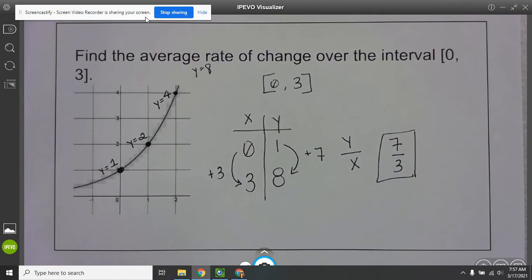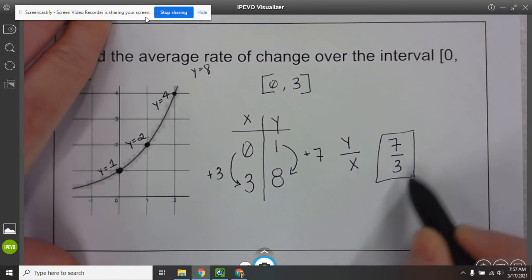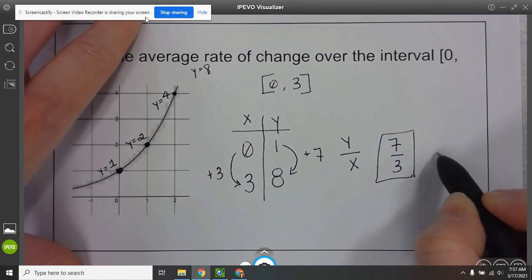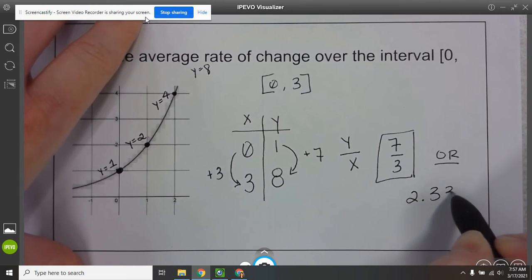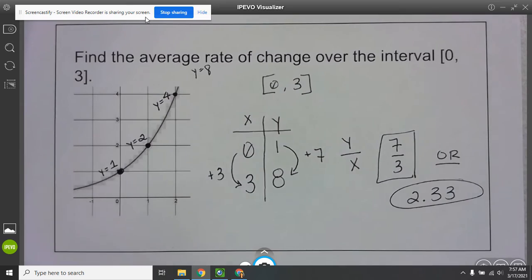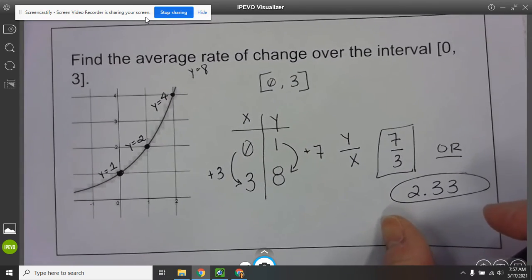It is possible that you could see this as a decimal. If they gave this to you as a decimal, of course, it would be rounded since it's thirds. So you could also potentially see 2.33. Either one of those are going to be equivalent because they represent the same 7/3.